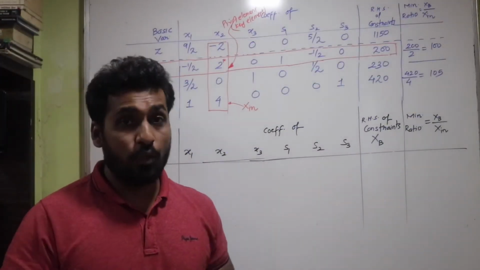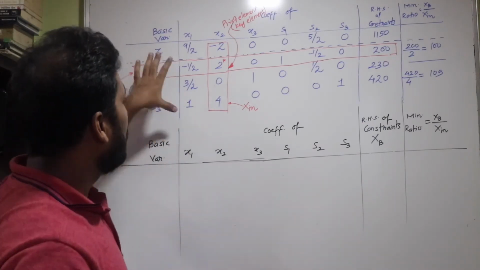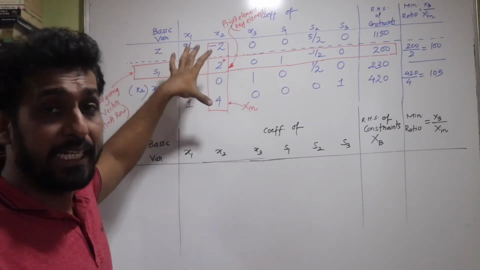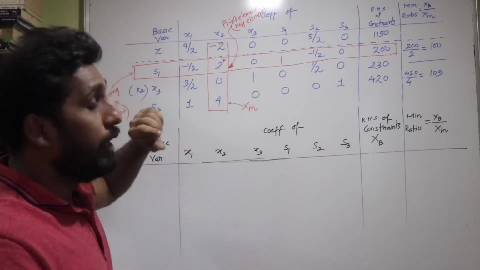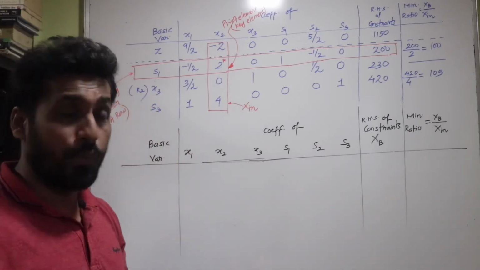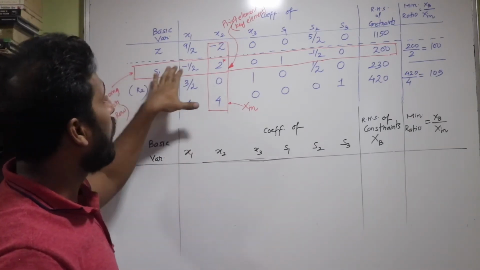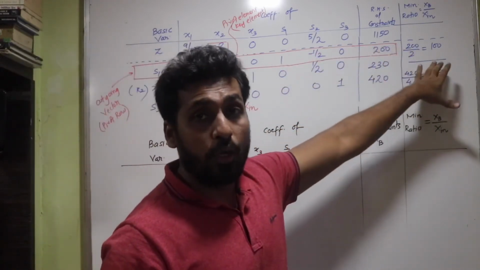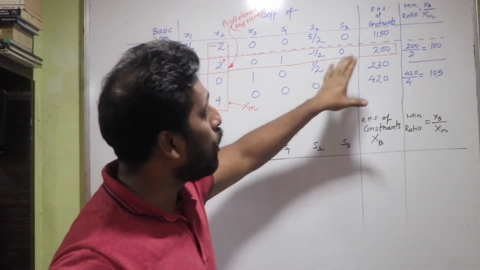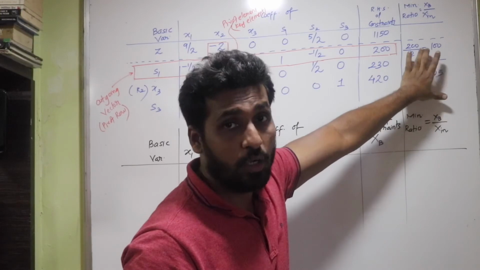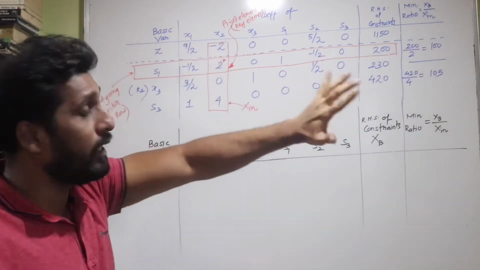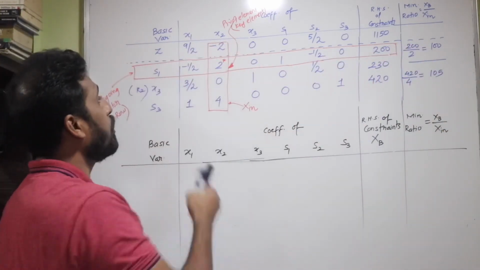So students, I have made the second table, the second simplex table, the second iteration. One more time, if you have noted down the things very properly, then S1 was the outgoing vector. And why is it the outgoing vector? Because you have got the minimum ratio for S1. So S1 leaves, and who comes in place of S1?